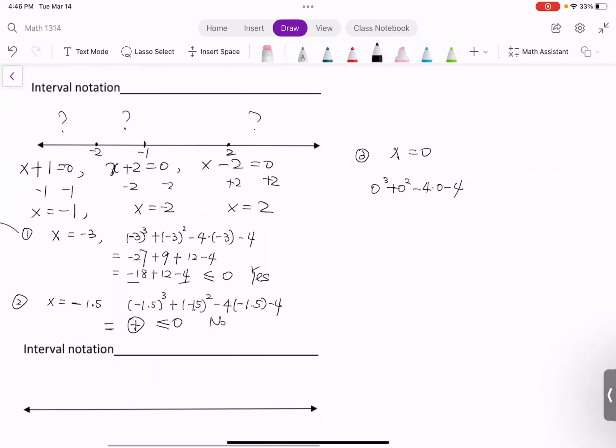I love zeros. Okay, I'm having 0 plus 0, 0, 0 minus 4. Minus 4, is minus 4 less than or equal to 0? No. Oh, yes, it is.